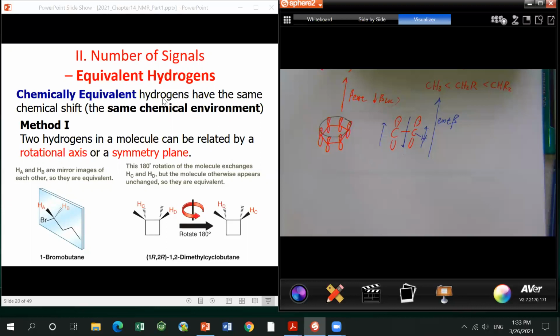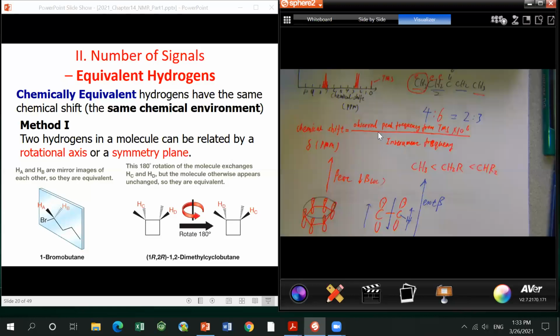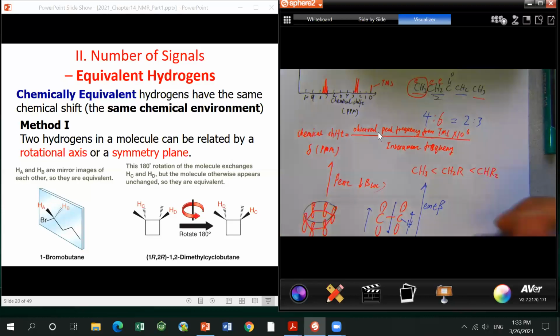Chemically equivalent hydrogens have the same chemical shift, so they have the same chemical environment. I like to use the term chemical environment. For example, we already know for the propanol, it's right here, this CH3 has a different chemical environment from this CH2.